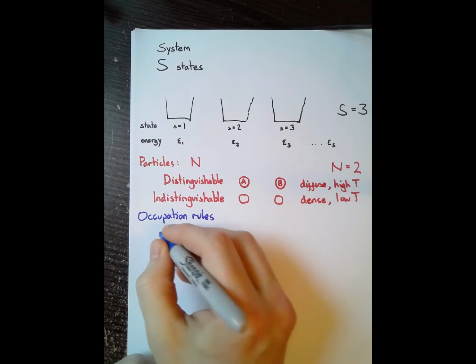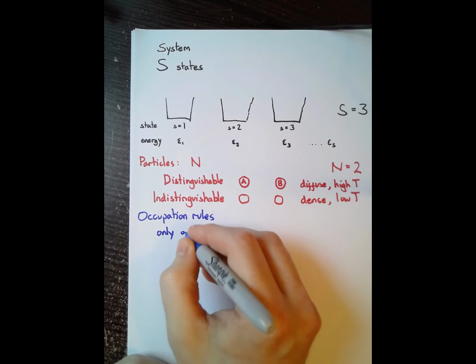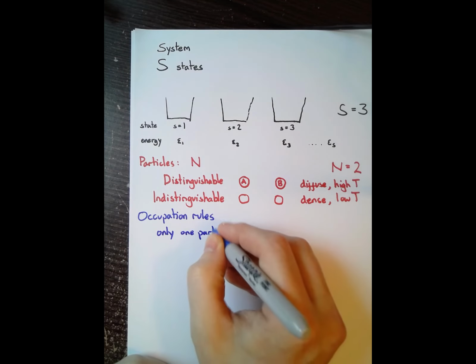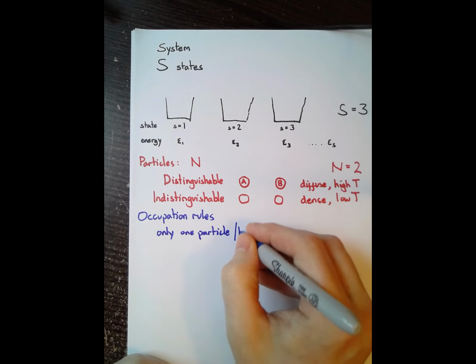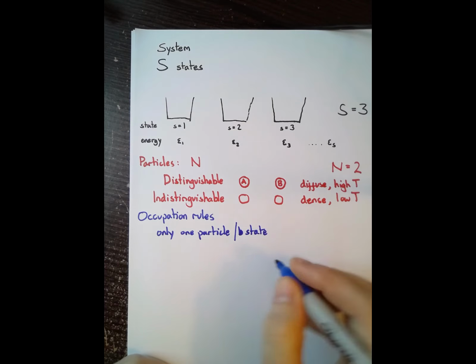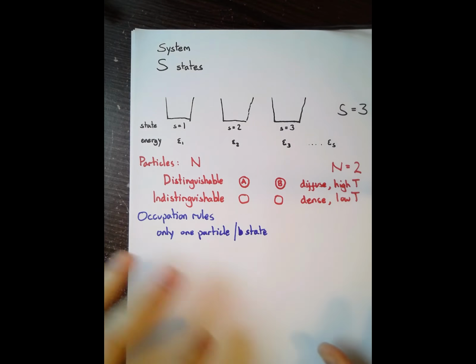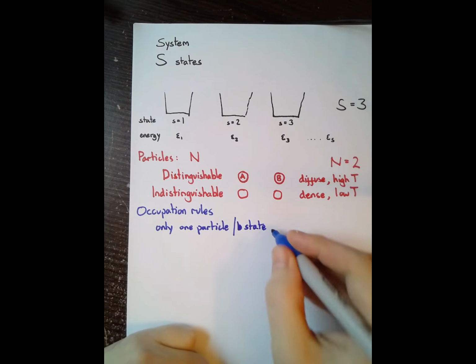I can either place only one particle per bucket, or let me call it state. Let me be a little more precise in my language, but I'm thinking bucket. Only one particle per bucket.